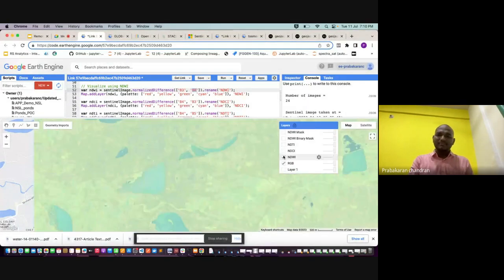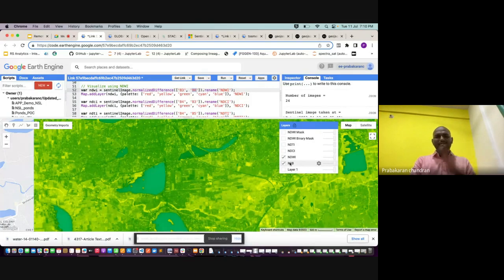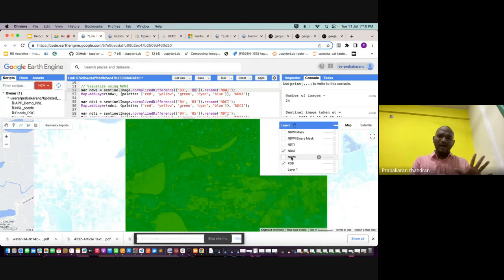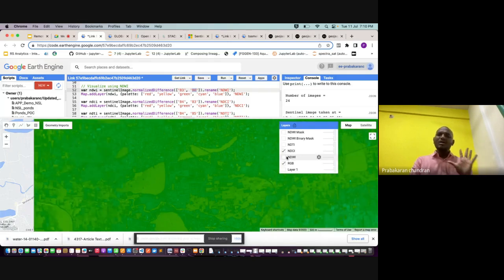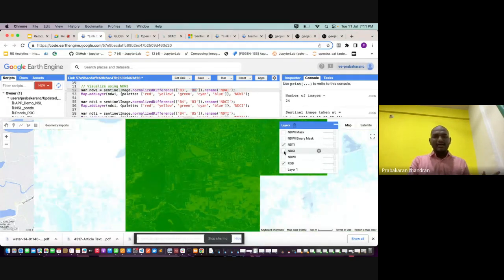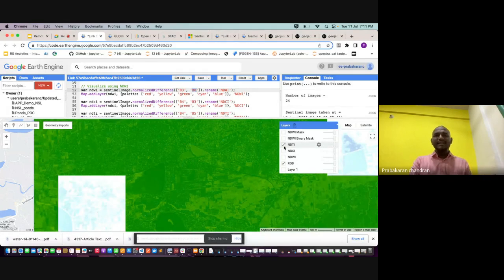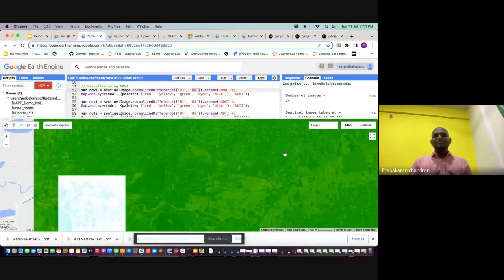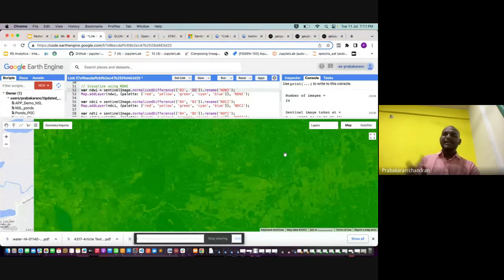But if you use NDWI, or NDCI, which is to know about the chlorophyll content, or NDTI, which is just a turbidity index. In most stagnant water, we may not notice the turbid conditions, and it varies with respect to rivers and other places also.